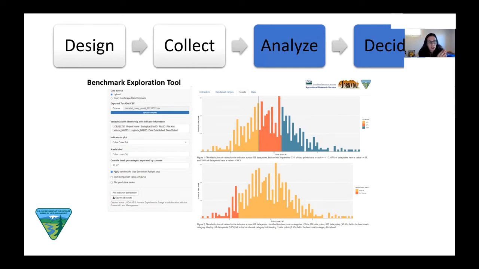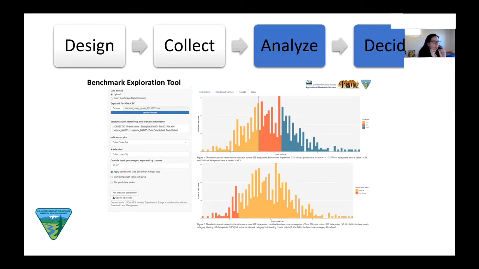Ecological sites can get us there to a certain extent because they provide the conceptual framework for how an ecosystem might work. But BLM especially is really hungry for quantitative thresholds, or what we call benchmarks.